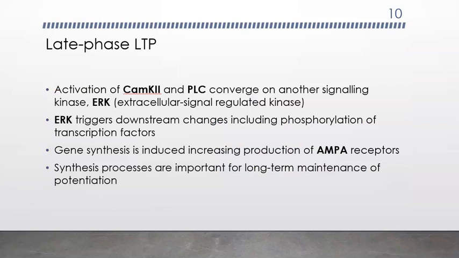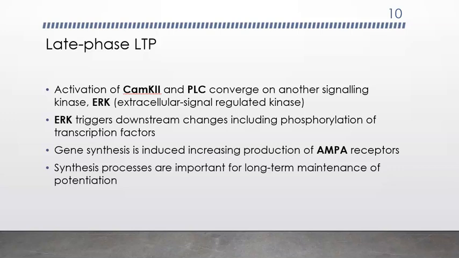Late phase LTP, then we're going to get activation of CAMK2 and PLC, which will then converge on another signaling kinase called ERK, or extracellular signal regulated kinase. And this triggers downstream changes, including phosphorylation of transcription factors, which can then lead to the synthesis of even more AMPA receptors.